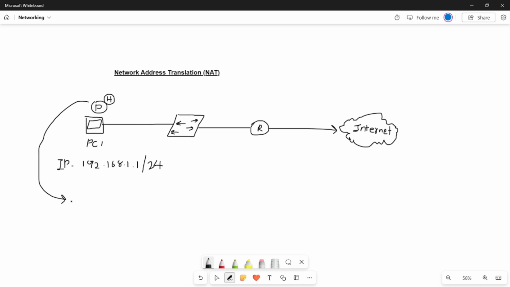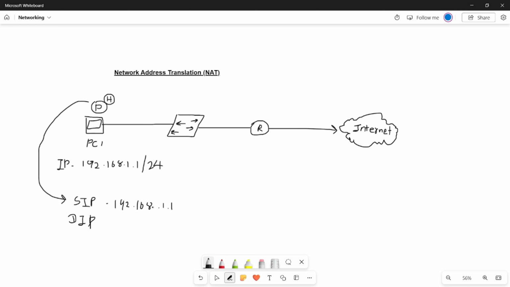It contains the source IP, which is the address of the current PC, 192.168.1.1, and it contains the destination IP. So how can we find the destination IP of the current packet?